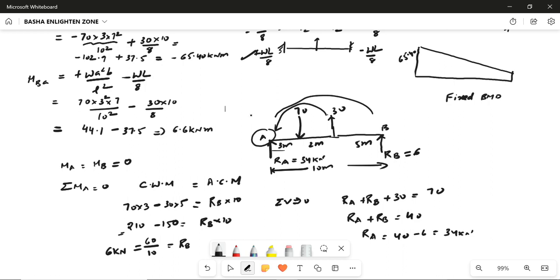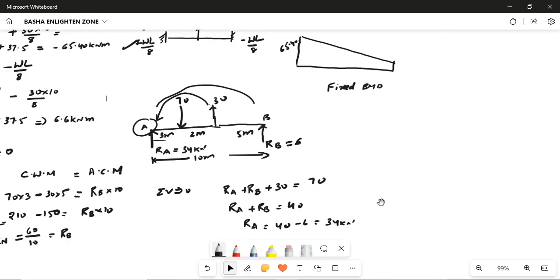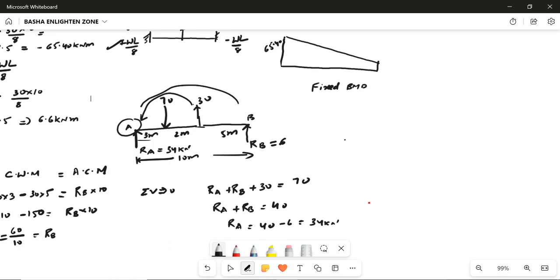After obtaining these values, as I already told you, the moments at A and B will be equal to 0. So here you can calculate the free bending moment diagram. The free bending moment at A and at B are both 0 because of the simply supported ends. We know the simply supported end moments are 0.